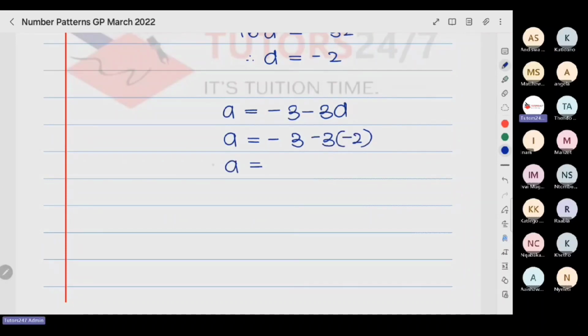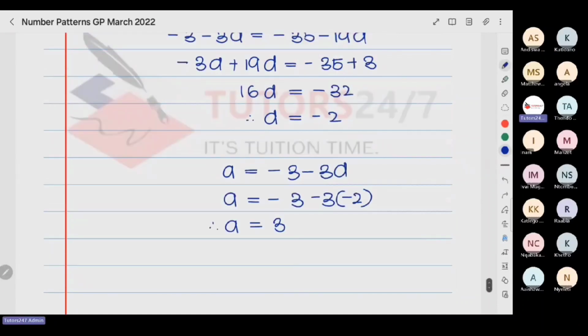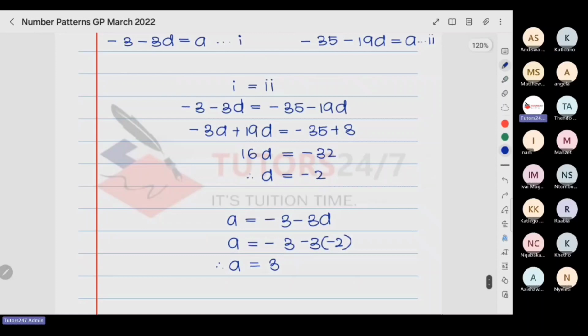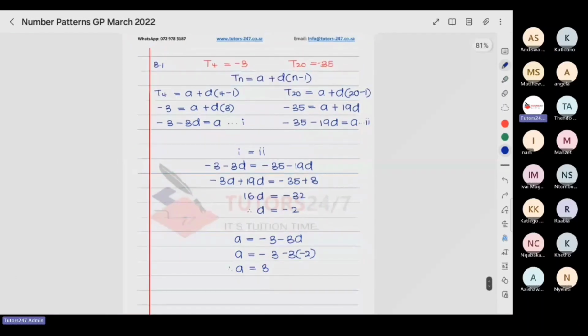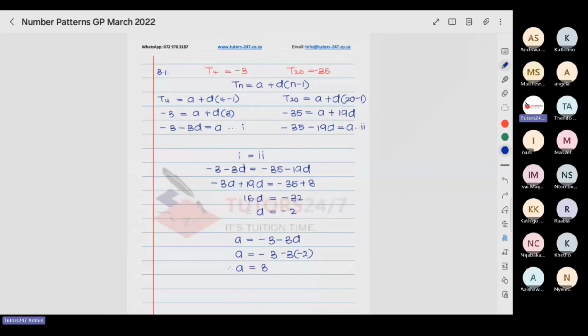And we therefore have A as equal to, let's just see, negative 3 minus 3 into negative 2. That gives me positive 3. So our constant difference is negative 2 and our first term is positive 3. We've now answered the question, and that was 5 marks.